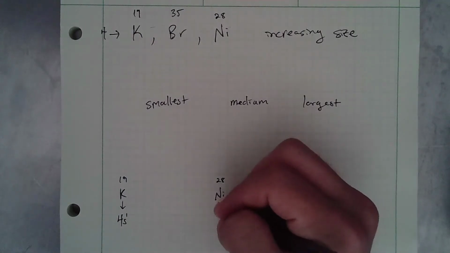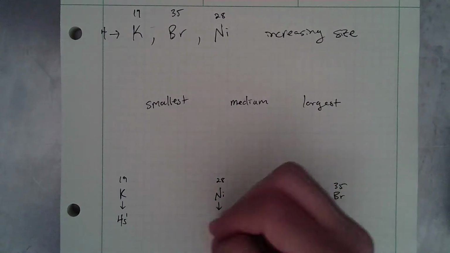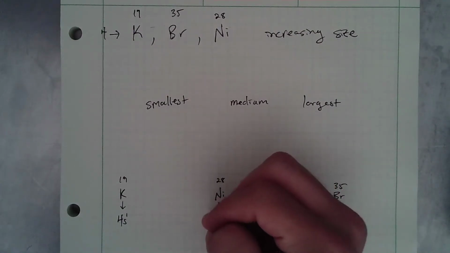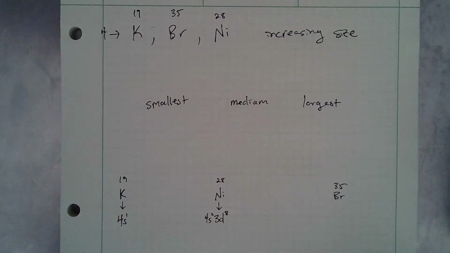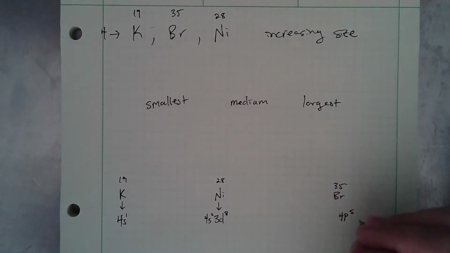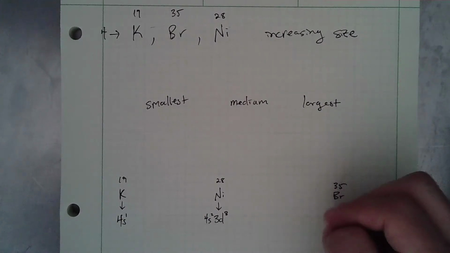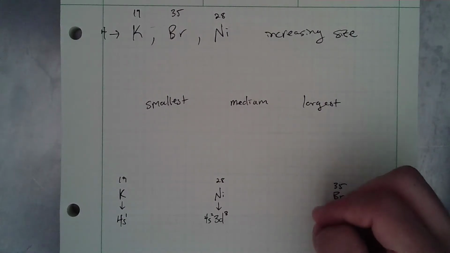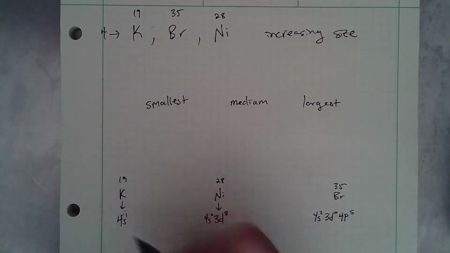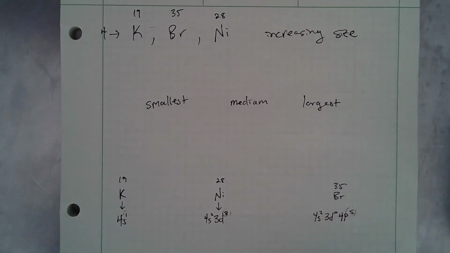The final term in nickel's electron configuration is 3d8, and before that is 4s2. And then the final term for bromine is 4p5, and prior to that is 3d10 and 4s2. So I've done a little bit of extra work there. Our final electron is in those orbitals.